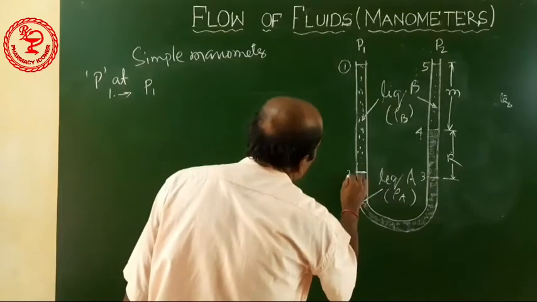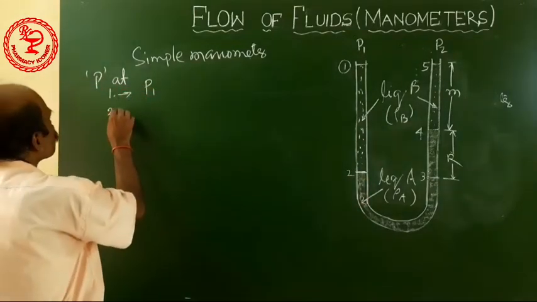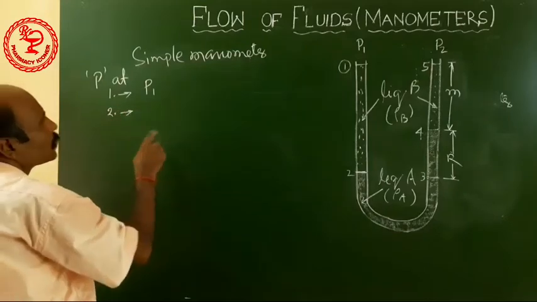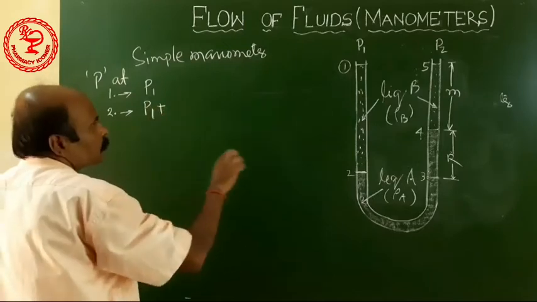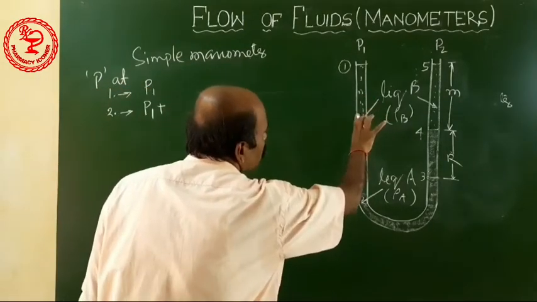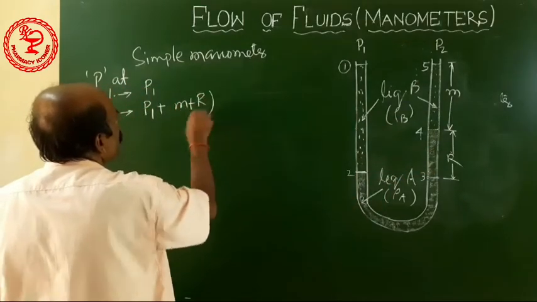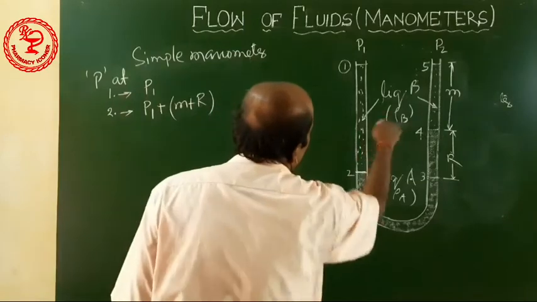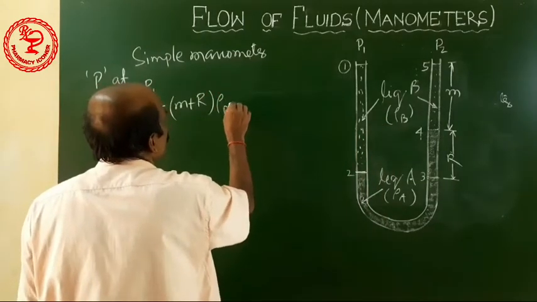Pressure at point 2 will be P1 plus the pressure of this column. The height of this column is M plus R, and as liquid B is present, it is (M plus R) into rho B into g.